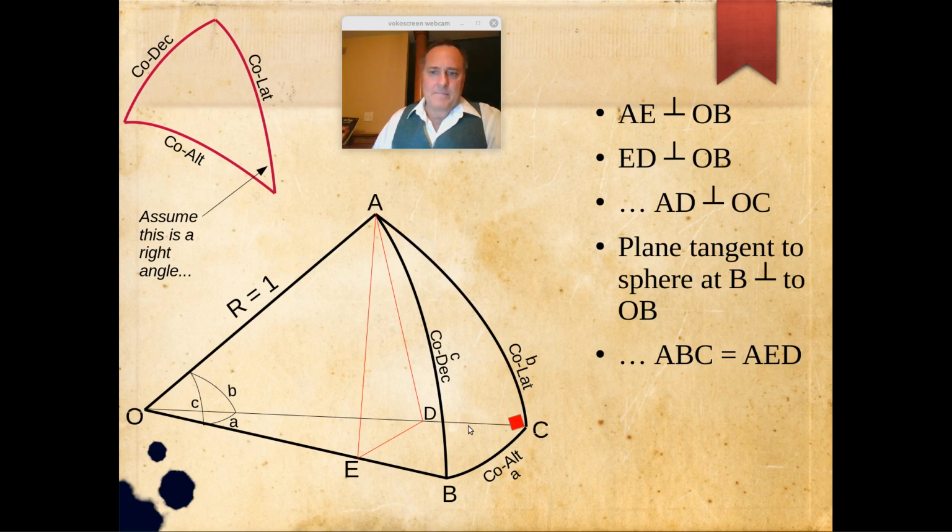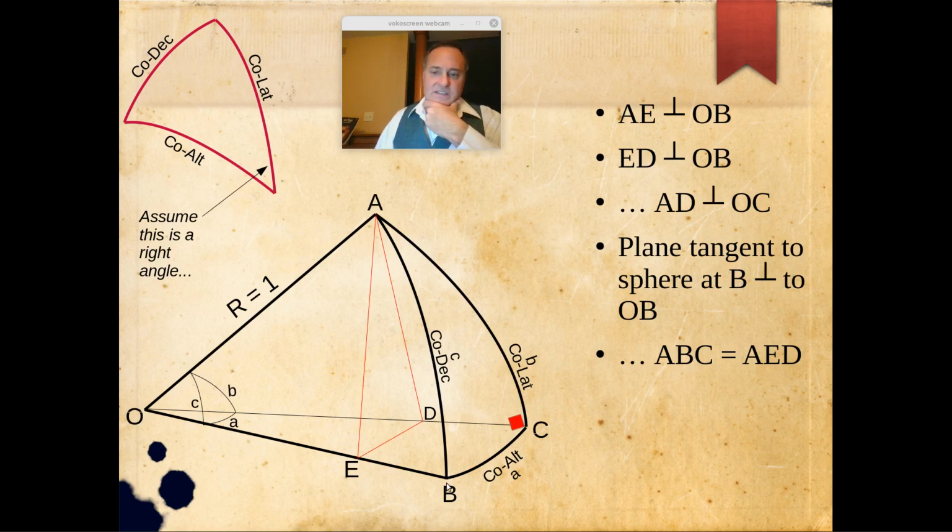Okay? Now we're going to imagine a plane tangent to the sphere at B, like a glass plate, touching the globe at B, and therefore it has to be perpendicular to OB, this line. And that's what this is saying. It's tangent at B, and therefore it's perpendicular to OB.